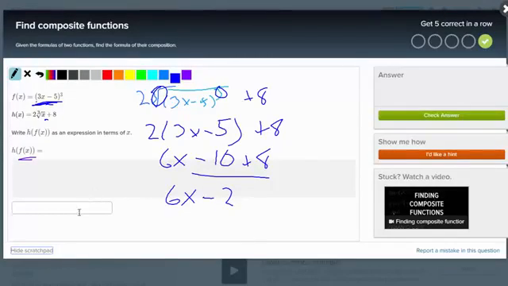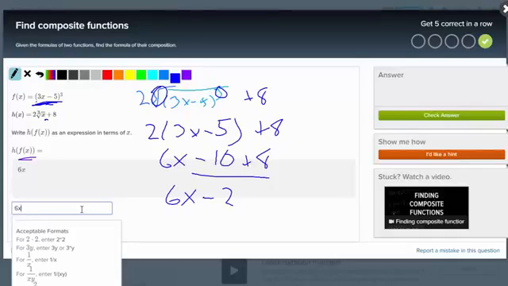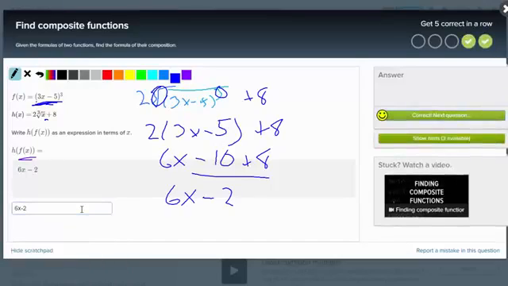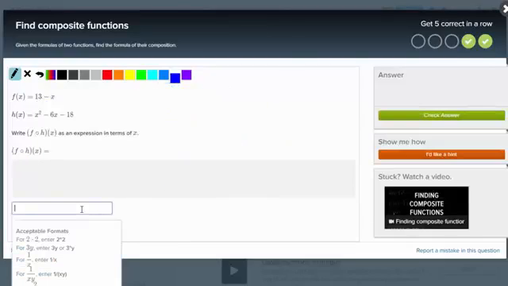So let's give that a shot and see what we get. Boom. 6x minus 2. All right. Next one. F of h of x, right? So take h of x and put in for every x into f of x. So instead of 13 minus x, it's 13 minus the quantity.